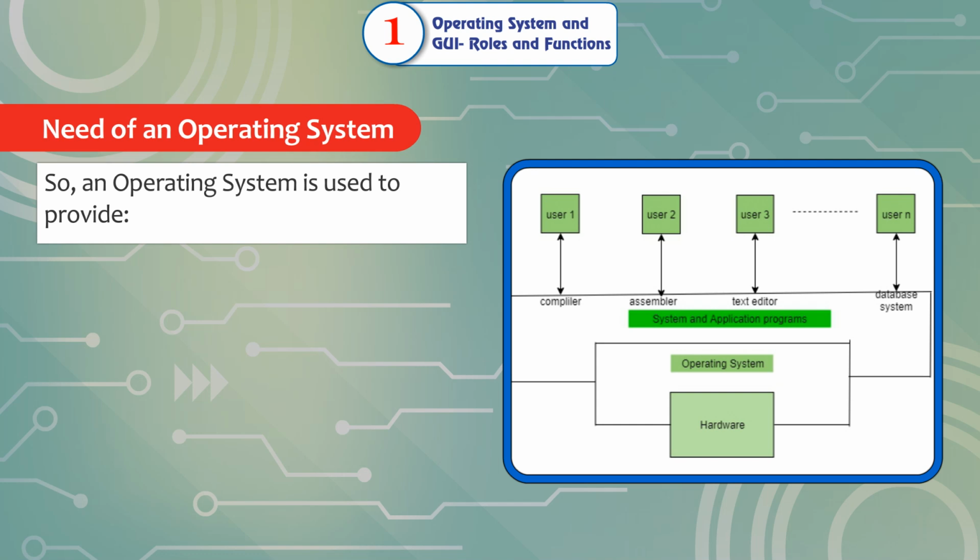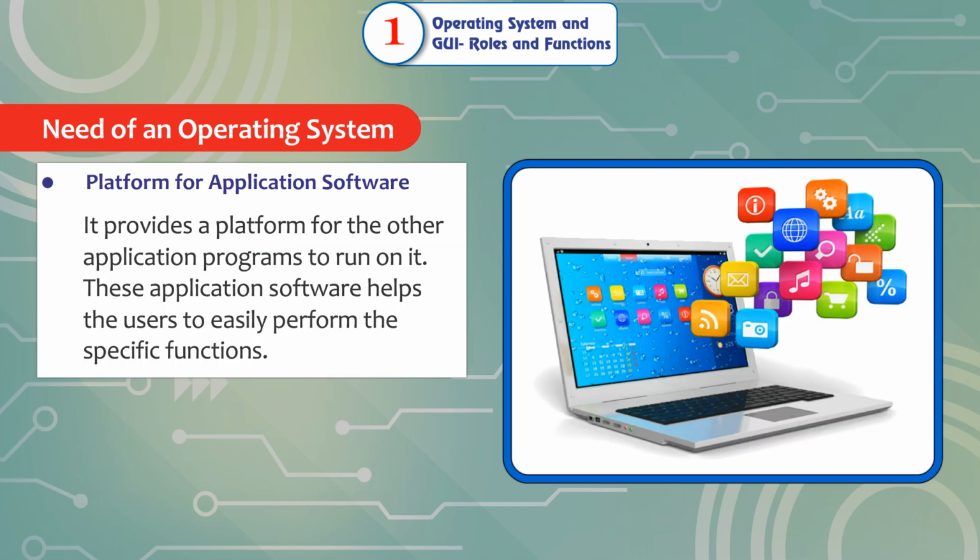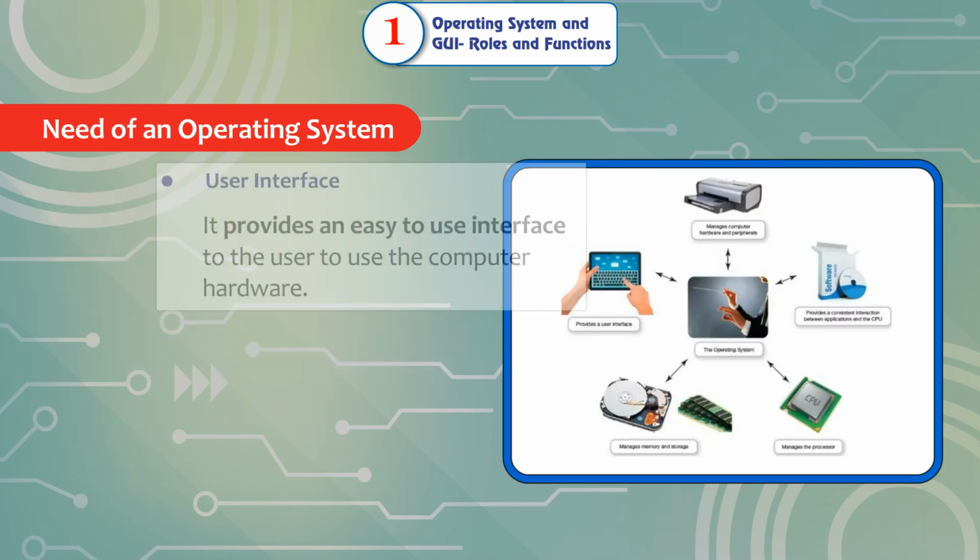So, an operating system is used to provide a platform for application software. It provides a platform for the other application programs to run on it. These application software helps the users to easily perform the specific functions.